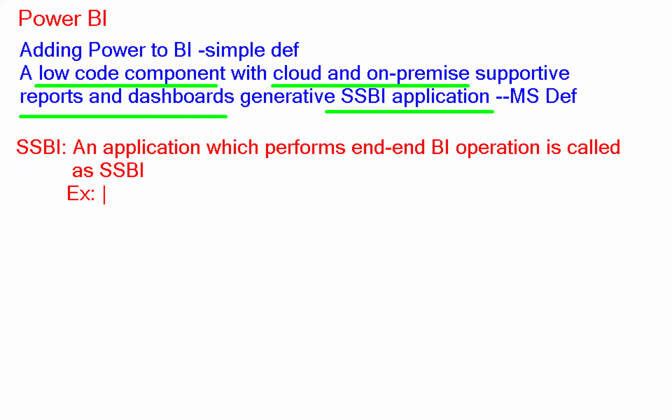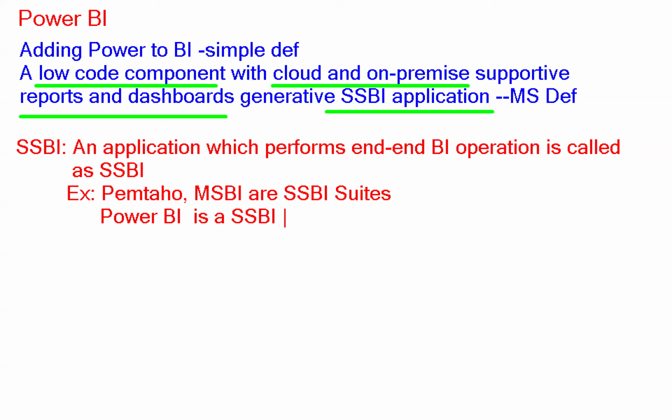Example, Pentaho, MSBA, or self-service BA tools, suites. Pentaho, spelling mistake. And Power BI is a self-service BA application. So what does it do?